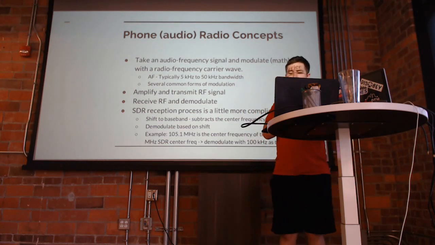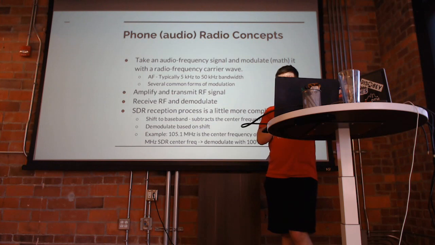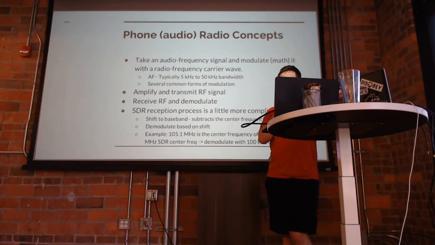For example, if you're listening to 105.1 megahertz, one of the pop radio stations around here, you might tune your SDR center frequency to 105.0, and now that radio station will show up at 100 kilohertz in your SDR software, and you can demodulate it from there.